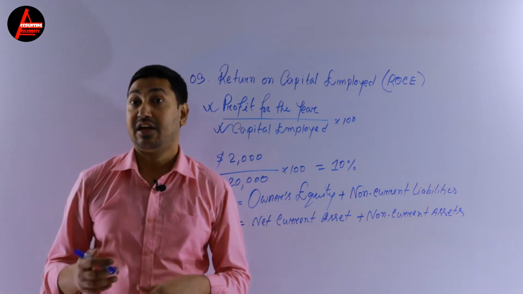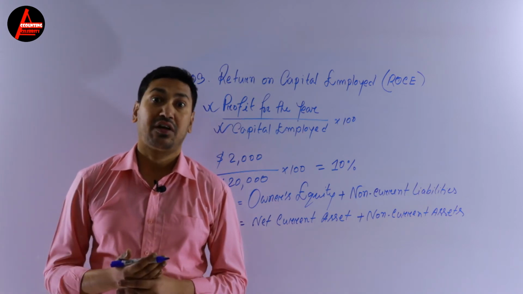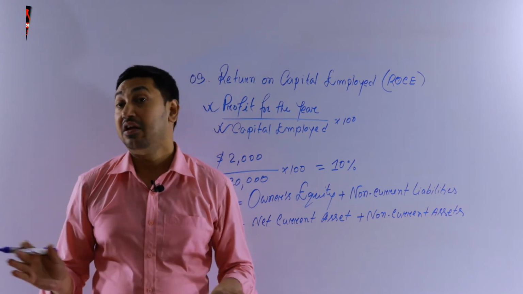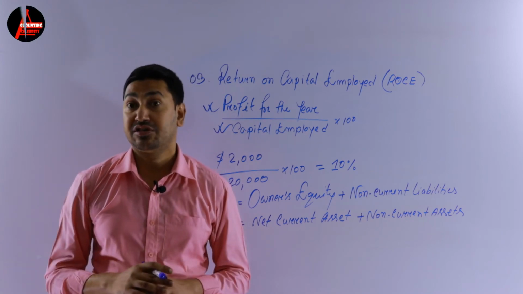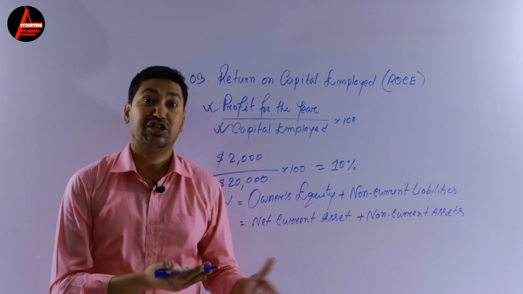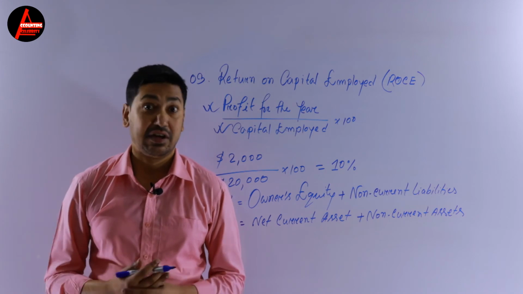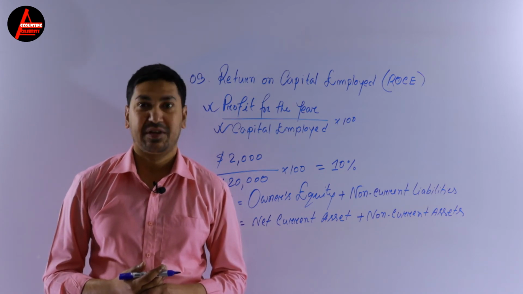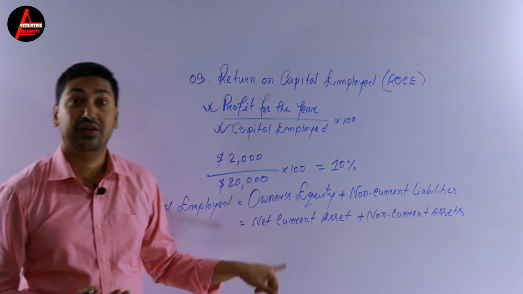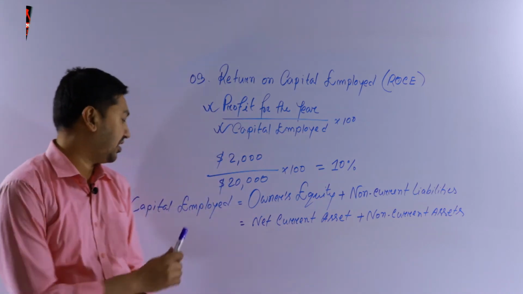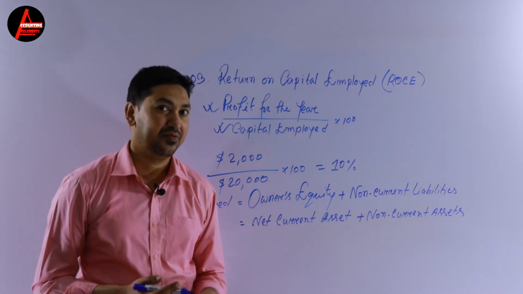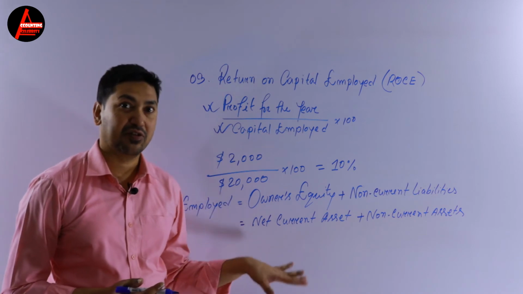Assets that go for a long time in the business, like motor vehicle, furniture, land and buildings, premises, and then machinery, equipment. These are basically non-current assets of the business. So you have to add those assets with your net current assets to get your capital employed. It's very easy if you know this process to calculate.